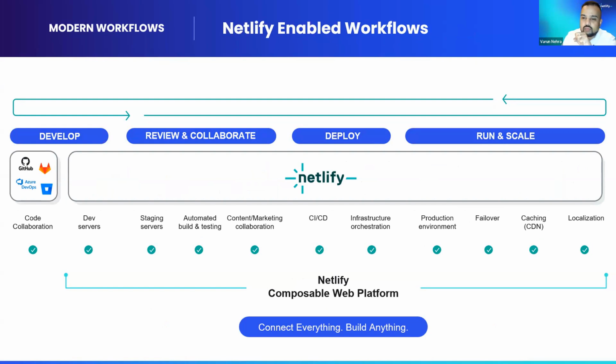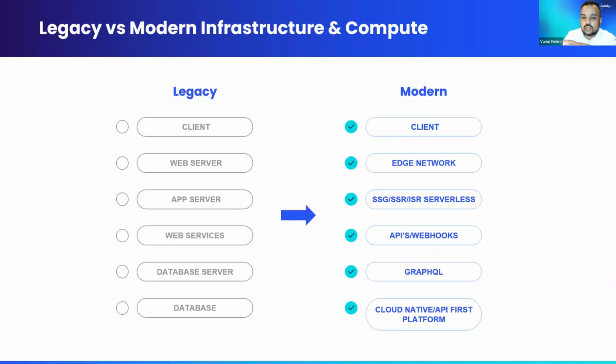I'll sum this up into very specific features that Netlify has to offer. But when it comes to operating, what we're also doing is helping you leverage modern compute. Going from legacy, which is client-server, databases, all the things we have known for decades now, even in running Sitecore on IaaS or PaaS or containers, underneath the covers you're still using legacy compute.